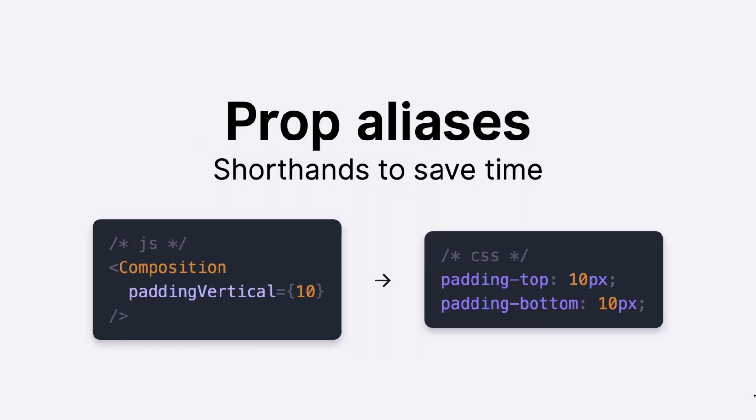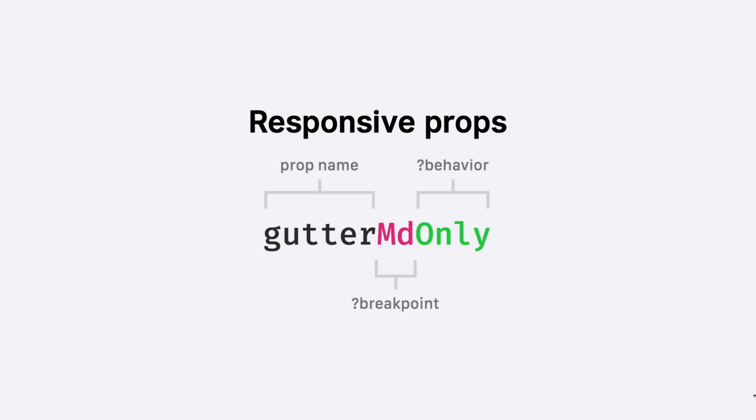There are also a few things to speed up our development life, and one of those would be prop aliases. So it's a really simple concept, basically a string analysis which compiles certain properties into corresponding CSS. So in case we have padding vertical, we would have padding top and padding bottom in the end CSS. Another feature would be responsive props, and this is something more difficult.